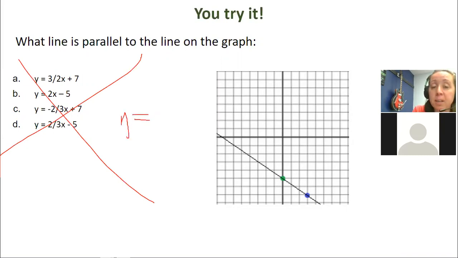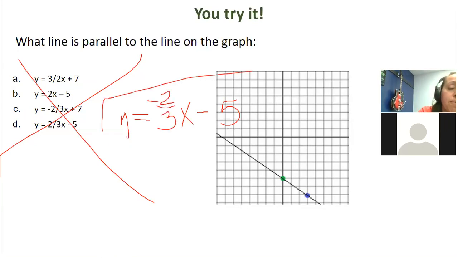What should it be? We know it crosses at -5, and then what slope did I get? -2/3, yeah. So this is what it should be. So our crossing is at -5, and then we go down 2, right 3.